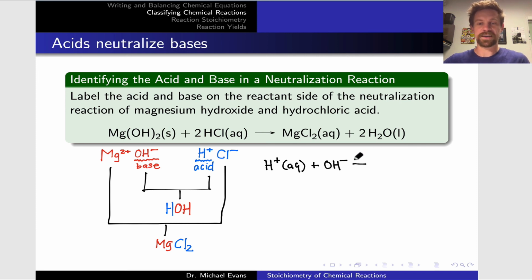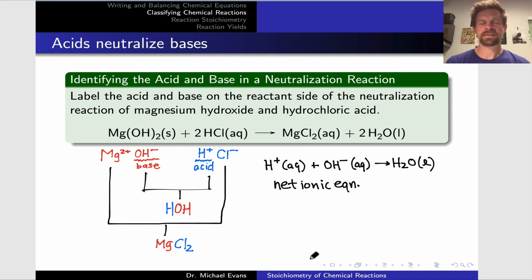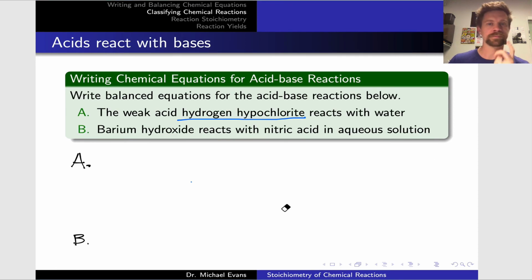Let me actually add that aqueous phase designator here, aqueous OH minus going to liquid water. And this is actually true of all Bronsted acid-base reactions. Their net ionic equations look like this. And this is a common type of problem, identifying the acid and base in a neutralization reaction and thinking about how they combine to form the products.